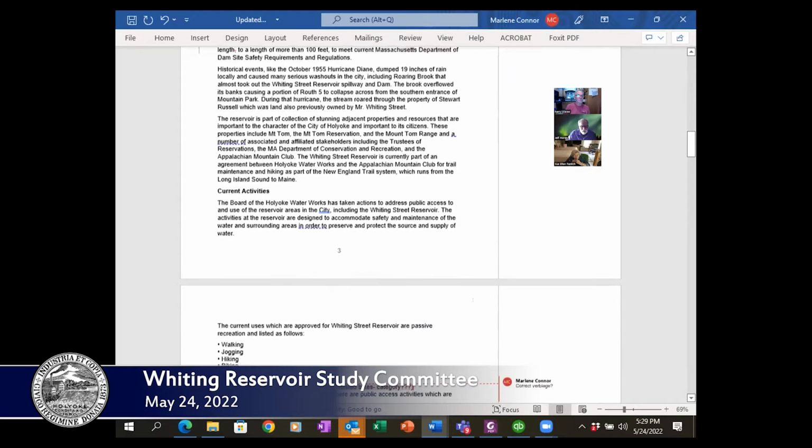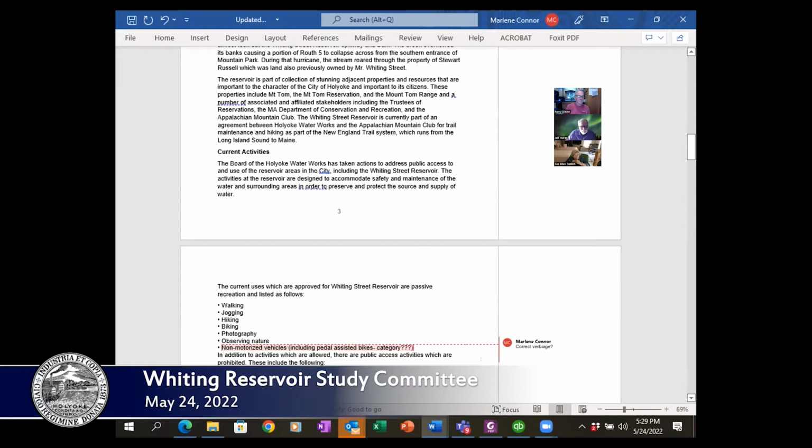So one thing here, non-motorized vehicles. Is there something besides bikes that we want to put in there? I don't know enough about the different kinds of bikes, electric and non-electric, and whether we need to differentiate or just say bikes are okay.